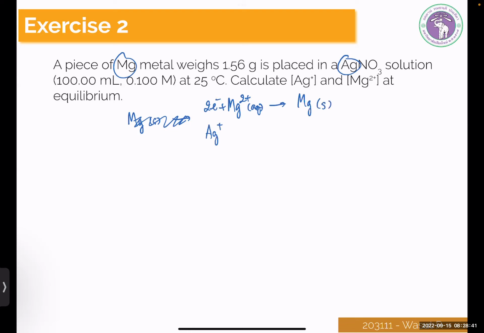Now tell me, what are the E naught values of each half cell? Go look at the table. There's a table in this slide too, in the next part of this page.